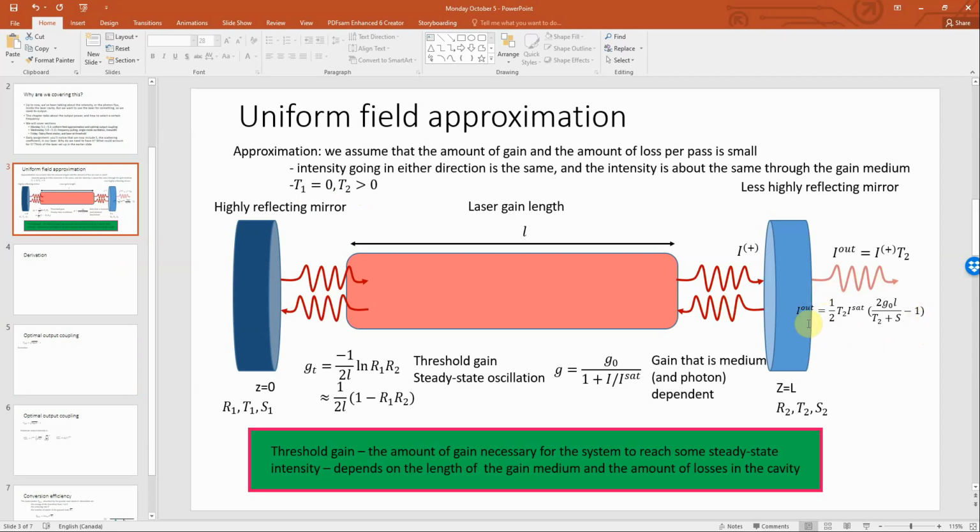We also have that the output of the laser is going to be 1/2 the transmission of this. I guess I should say, the output of this is, of course, just the photons traveling to the right times the transmission of this.